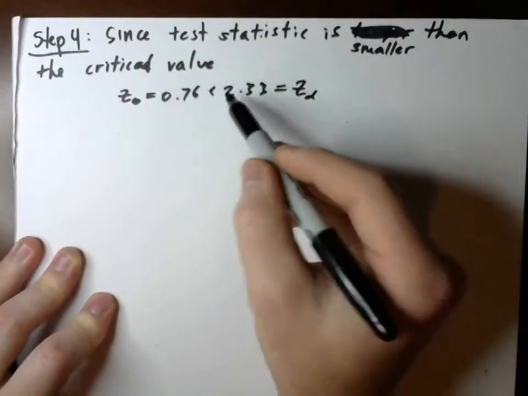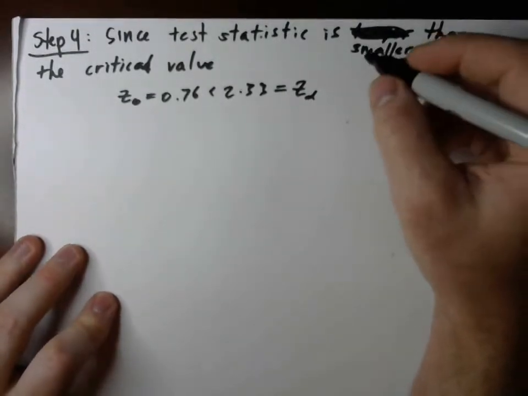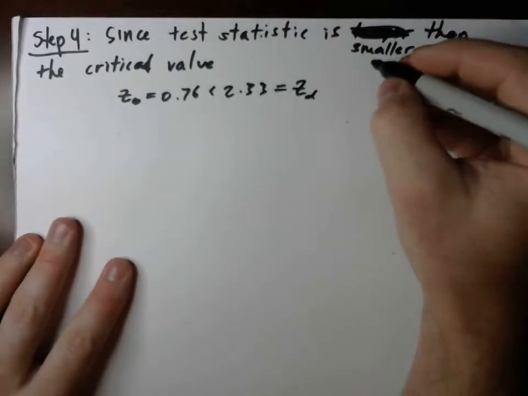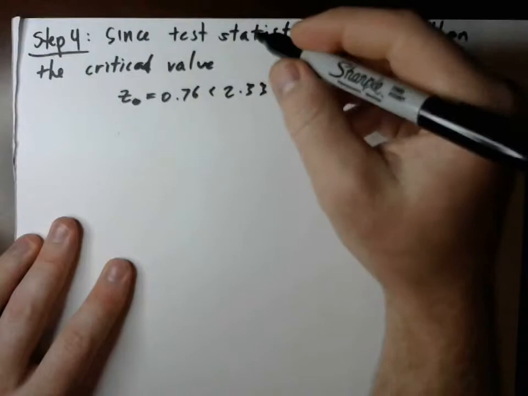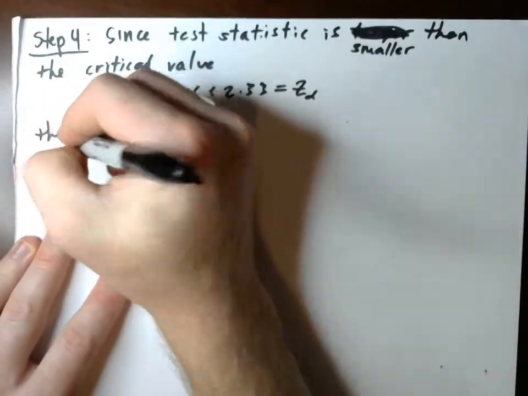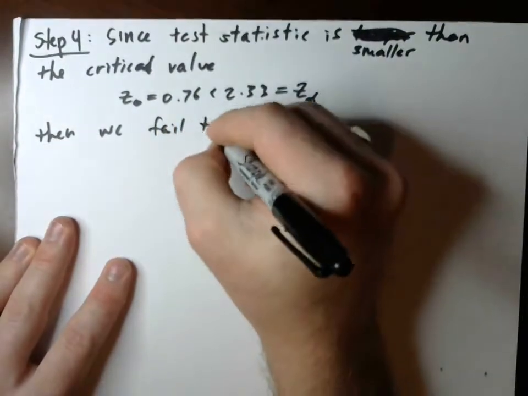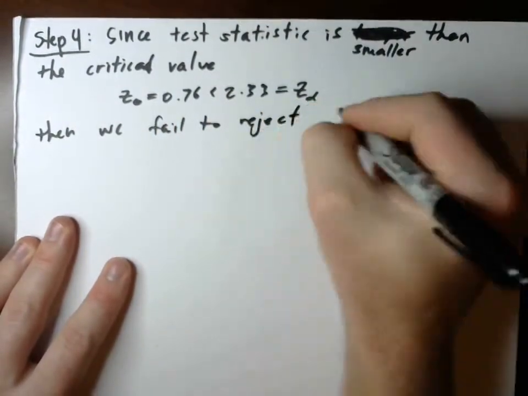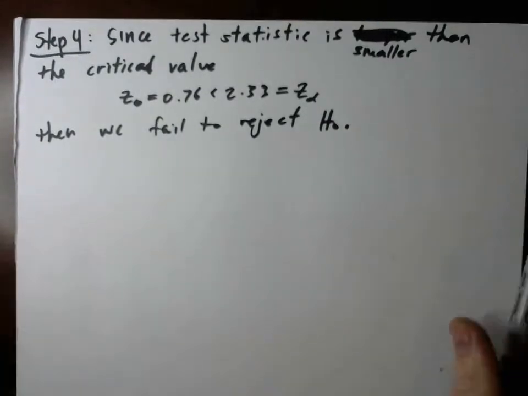Since z naught is less than z sub alpha, and we're doing a right-tailed test, since the test statistic is smaller than the critical value, we fail to reject H naught. All right, and I gave you that flow chart.